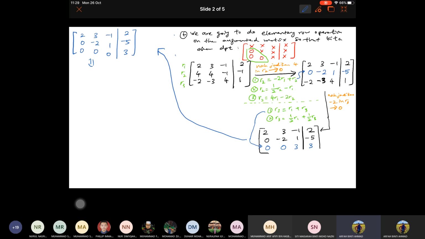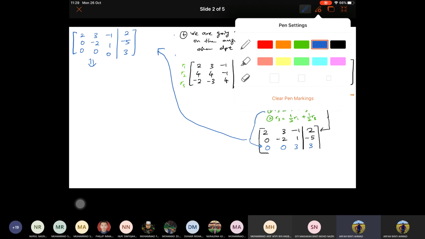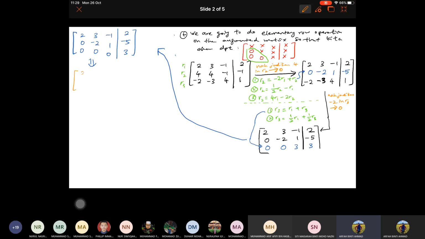Yang ini sebenarnya adalah this one. 2, 0, 0, 3, negatif 2, 0 didarabkan dengan x1, x2 dan juga x3. So you will get 2, negatif 5 dan juga 3. So itu sebenarnya yang awak kira daripada row yang awak dah jadikan 3, 0 tu.